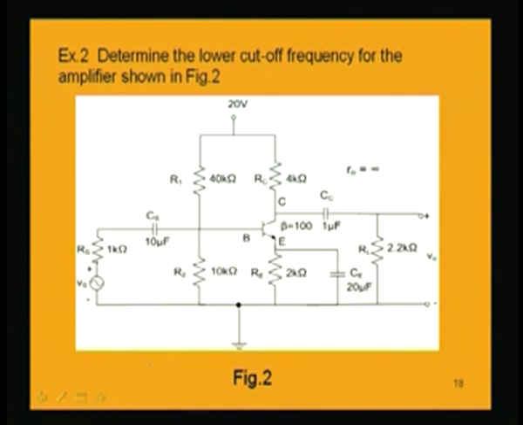The transition or junction capacitances of the transistor junctions will have no effect in the low frequency region; they will be affecting only in the high frequency region. So, in order to find out the lower cutoff frequency, we have to consider only the coupling as well as the emitter bypass capacitors.